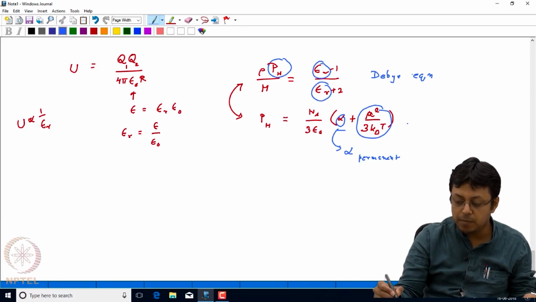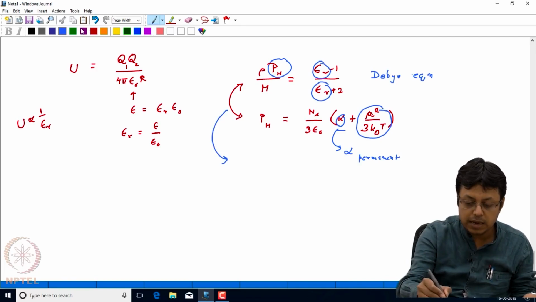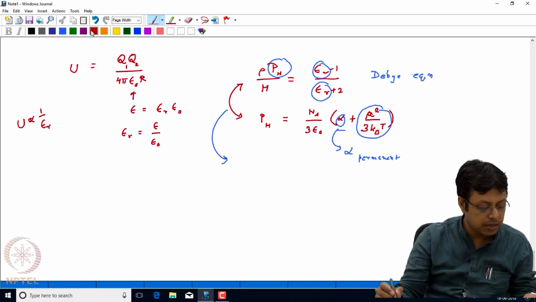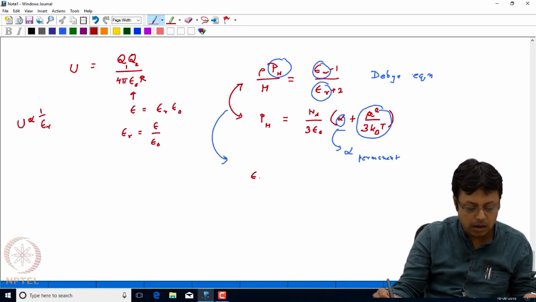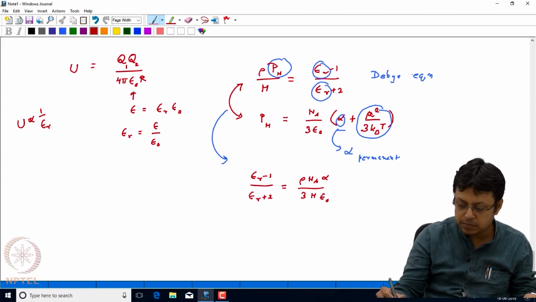And then if we combine these two, we can get an equation which is something like epsilon_r minus 1 divided by epsilon_r plus 2 is rho times N_A times alpha divided by 3M into epsilon_0.